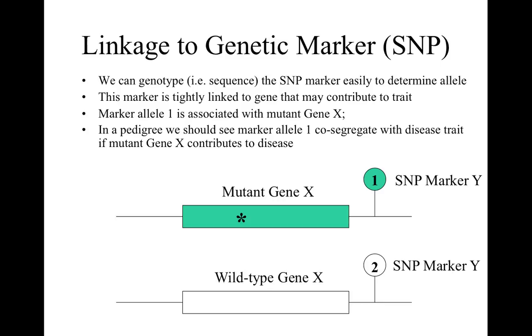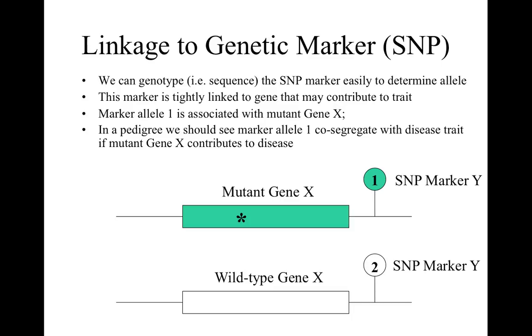Because the SNP, 1 among 20,000, is tightly linked to a mutant gene X, and let's suppose that this gene X contributes to the complex trait, then we would expect that this particular allele, number 1, would exactly co-segregate with the disease phenotype in our pedigree, whereas allele number 2, which in our example is linked to the wild-type gene X on a chromosome, would co-segregate with those who are not affected.